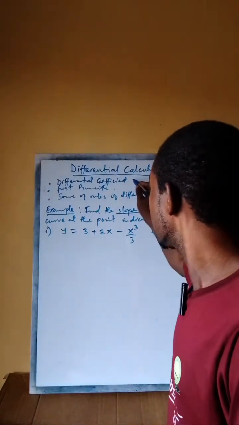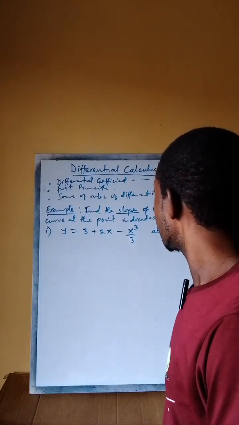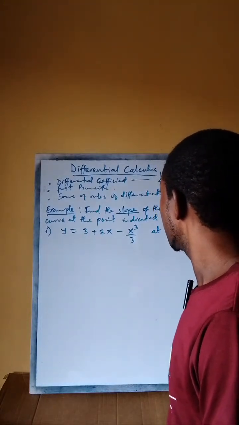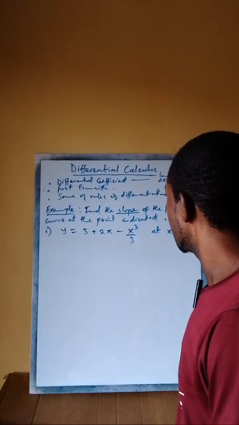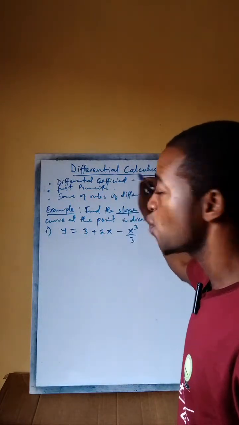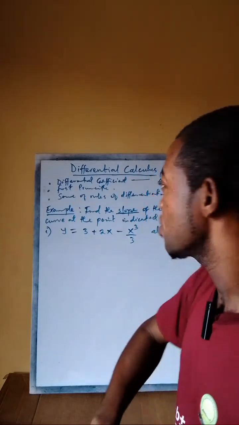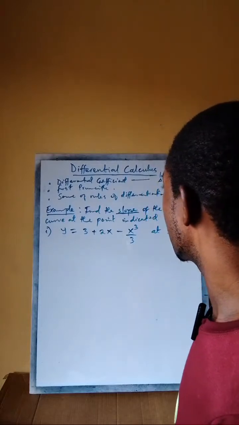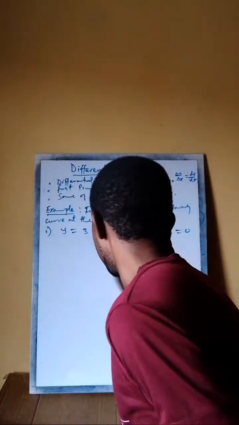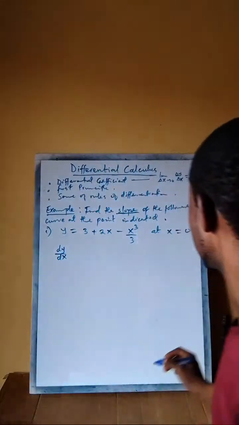That's the definition of the differential coefficient, which is known as the limit as delta x tends to 0 of delta y over delta x, which is the same thing as dy/dx. So the slope we are finding here is the same thing as the differential coefficient, the gradient of the tangent to the curve, and we can also call it the derivative of y with respect to x. Now here we want to find dy/dx at point x equals 0.